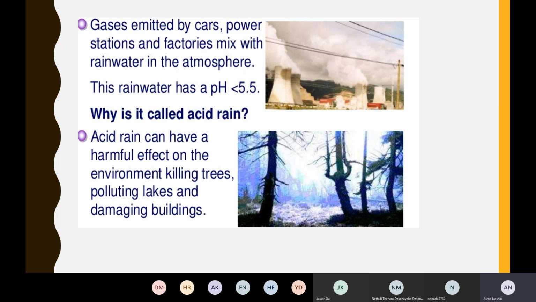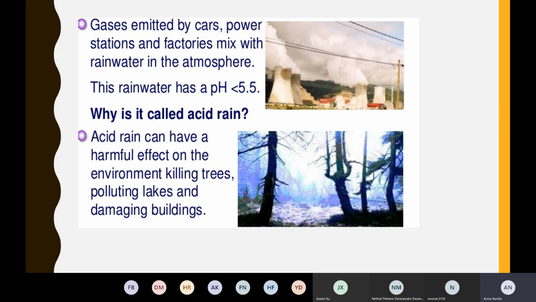Now, if you want to cut down the acidity of water, if water is acidic, can soil be acidic too? Anyone can answer.